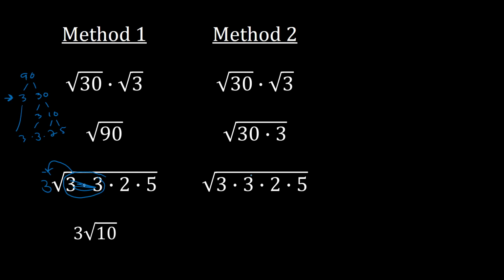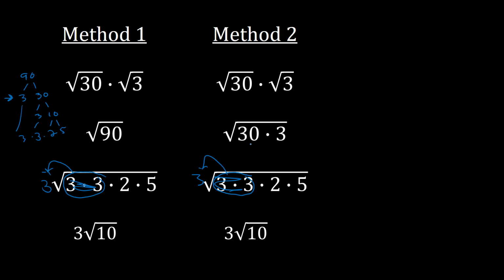So now we have the same thing. We can pull out a group of 3's. We're left with a 10 on the inside. But notice we're saving ourselves one little step by not multiplying here because I'm just going to break apart the 30 anyway.